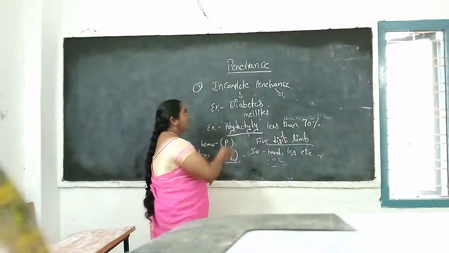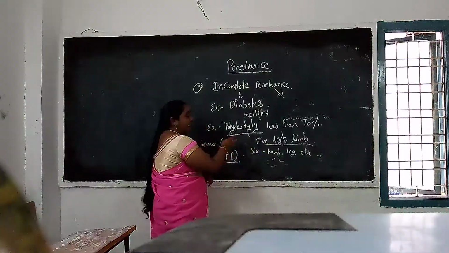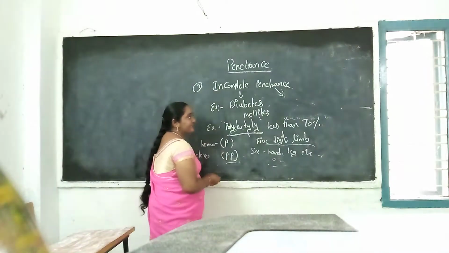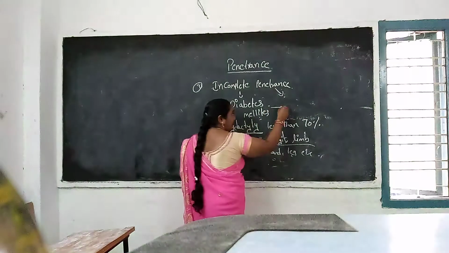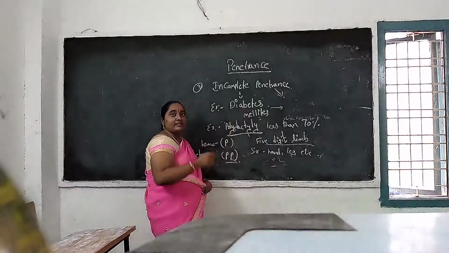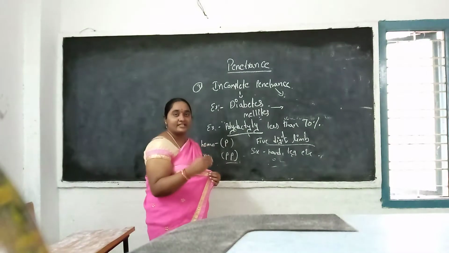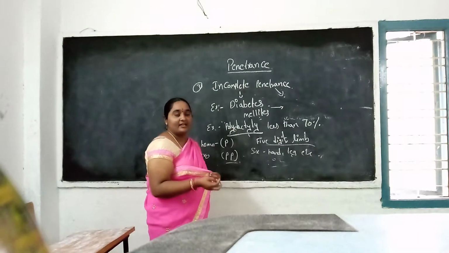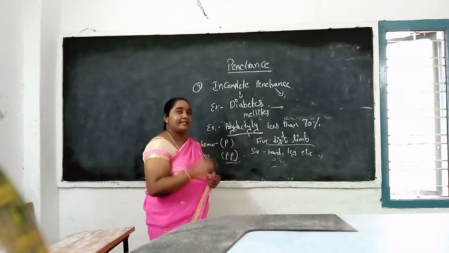Diabetes mellitus is carried from one generation to another, as an arrangement of the gene pairs.